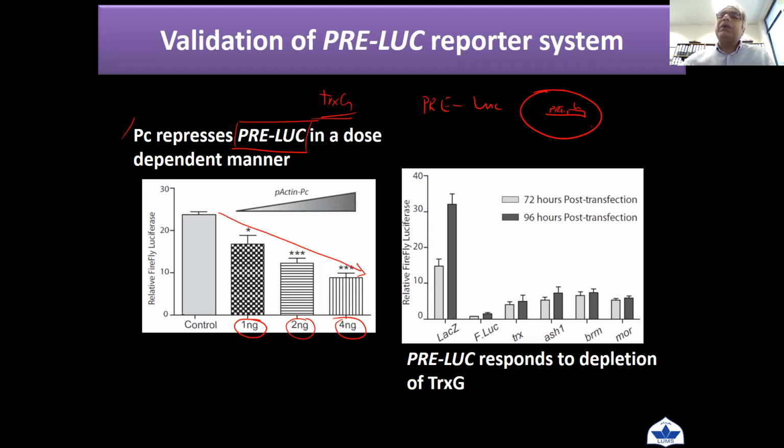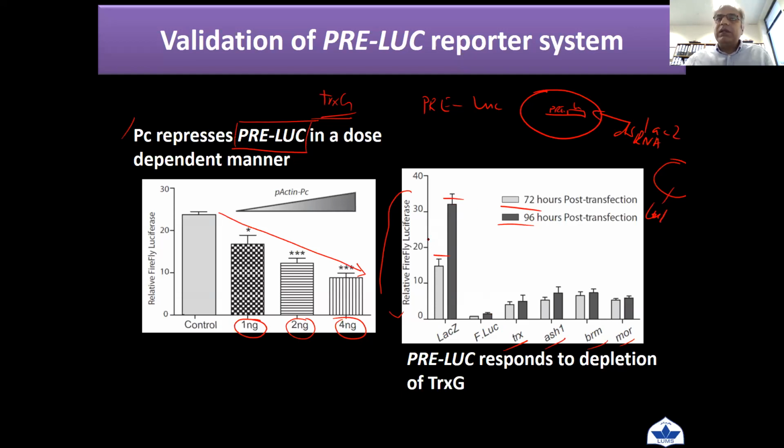In these cells, we knocked down, for example, by adding double-stranded RNA against LacZ. In independent wells, we added luciferase double-stranded RNA, then trithorax members, trithorax, H1, Brahma, Moira, and we measured the quantity of luciferase after 72 hours of adding double-stranded RNA, 96 hours after transfection of our plasmid. So you can see luciferase expression at 72 hours, and then at 96 hours.